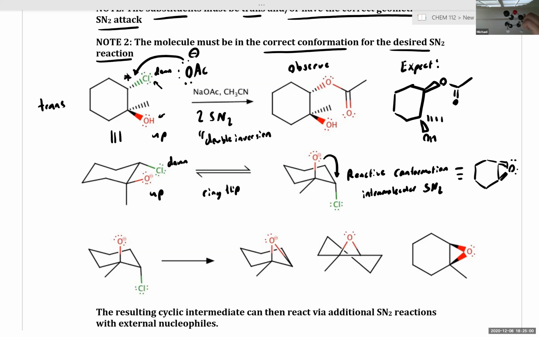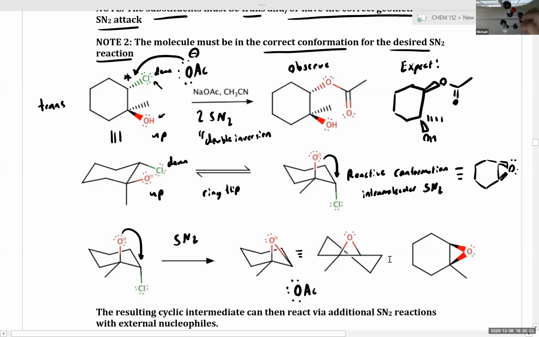Okay, so we have our first intramolecular SN2 reaction, and we get the following intermediate. Now that we have this intermediate, we can open up our cyclic epoxide intermediate with our nucleophile. And in this process, we can observe a second SN2 reaction.